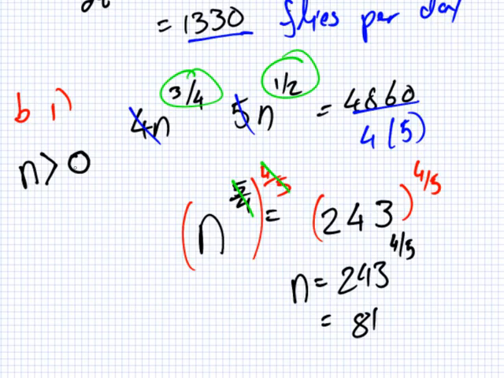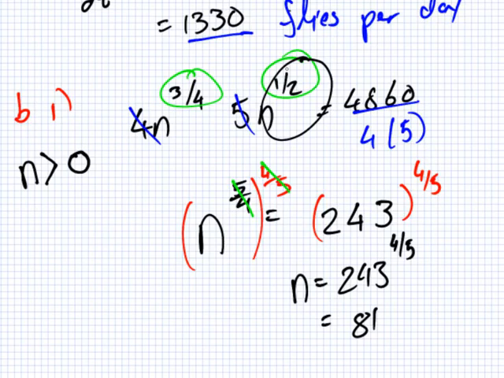Look here: this is n to the power 1/2, that's the square root of n. You can't have the square root of a negative number, so n must be a positive number.